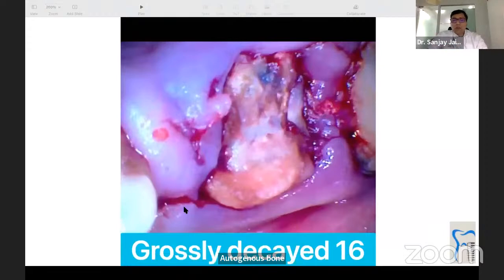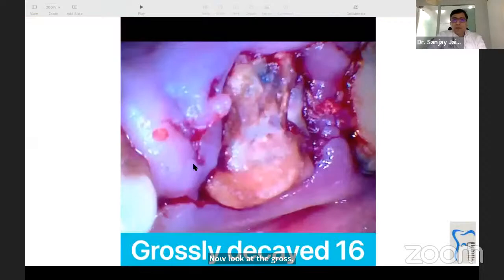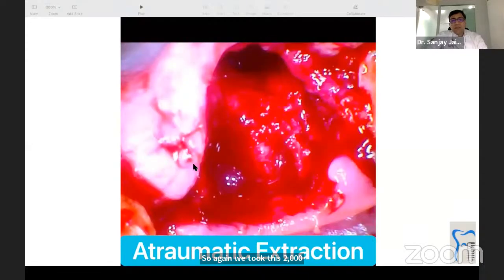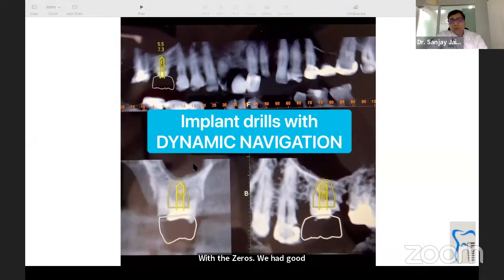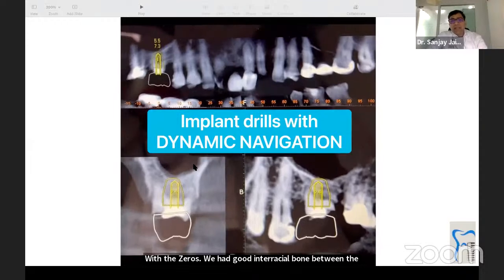Now look at the grossly decayed 16. So again, we took this tooth out, automatically split it with the Zerka burrs. We had good interradicular bone between the roots, and we went ahead, we planned it out. We did a little sinus lift in this case.